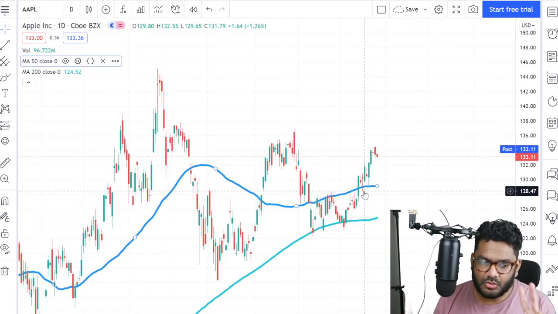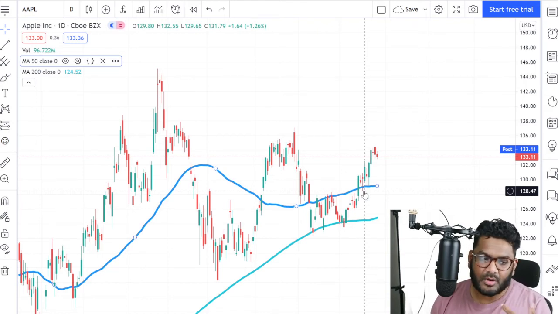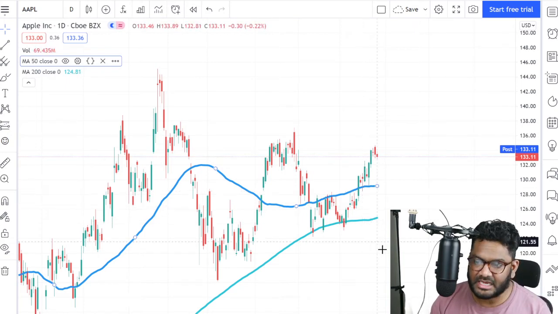So two things I'm talking about. First, the moving average: the 200 days moving average is below the 50 days moving average, and the share price is above the 50 days moving average. This is a perfect pattern or scenario for your swing trading. Just keep in mind this one.